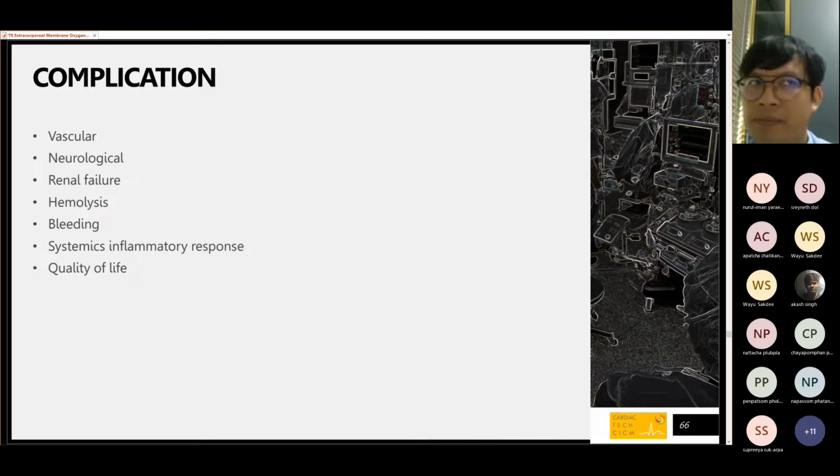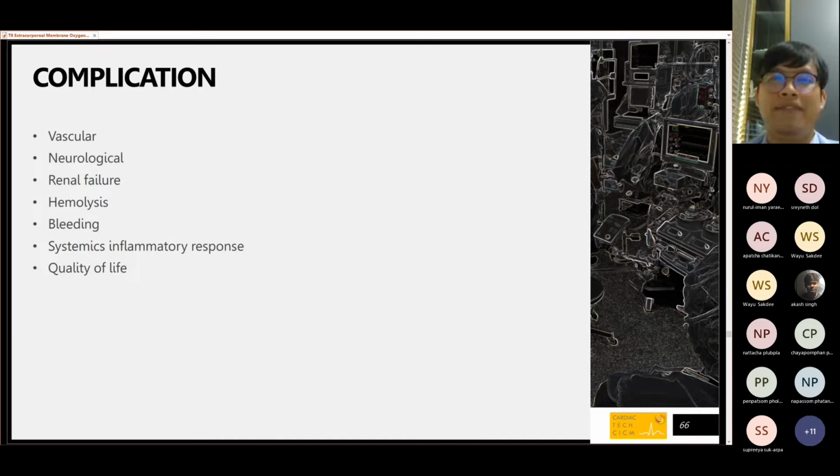So it might be affected more than in CPB, and also because the patients had a shock, it seems like a nightmare in their life, and also for their family, because it's quite stressful.